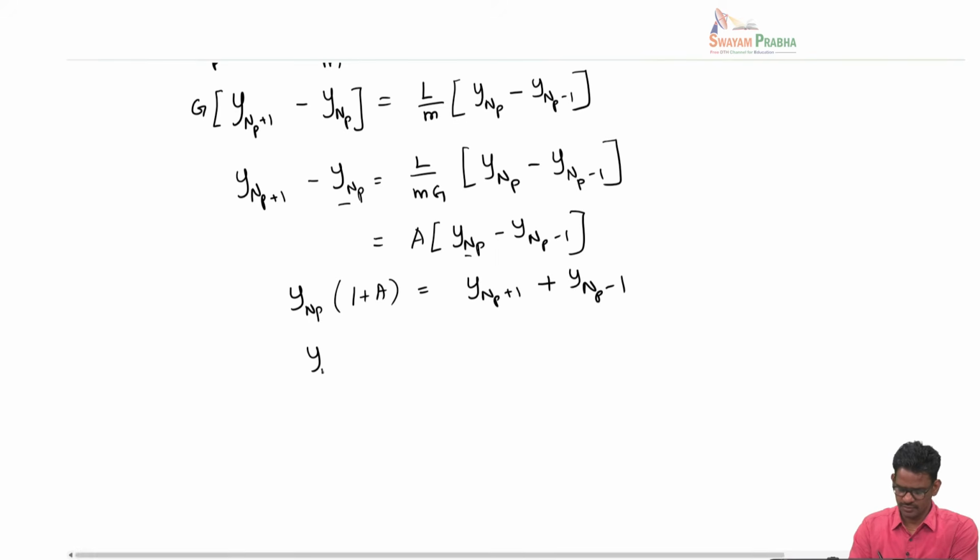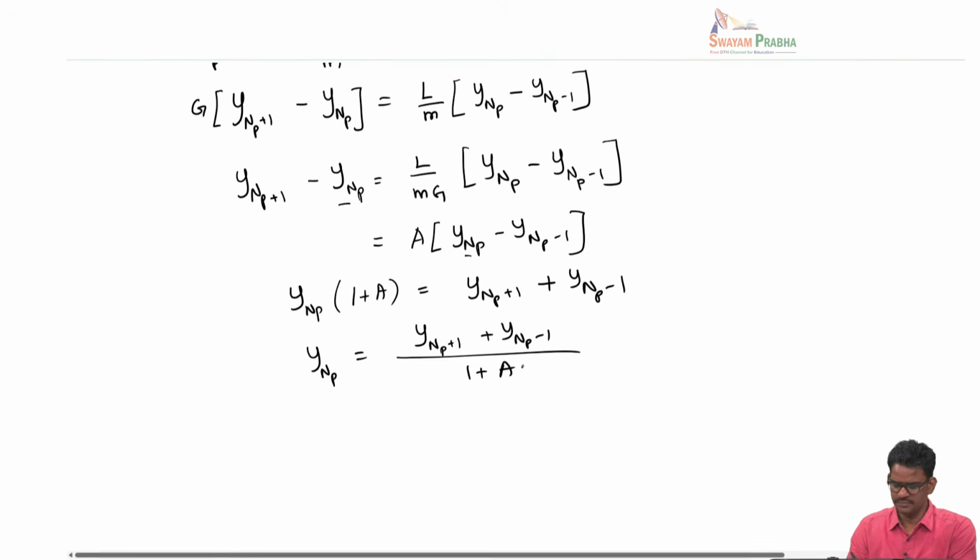So therefore YNP is equal to YNP plus 1 plus YNP minus 1 by 1 plus A.